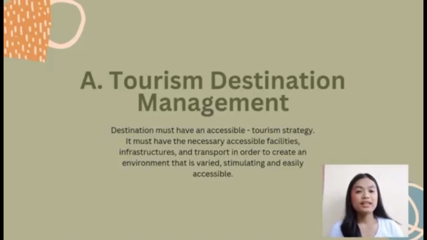This means that every establishment is required to have necessary facilities and everyone has the right to access it, such as comfort rooms, parking lots, elevators, ramp handrails, lifts, and many more. And also accessible transportation, which includes cars, vans, airplanes, and ferries that is open to all.